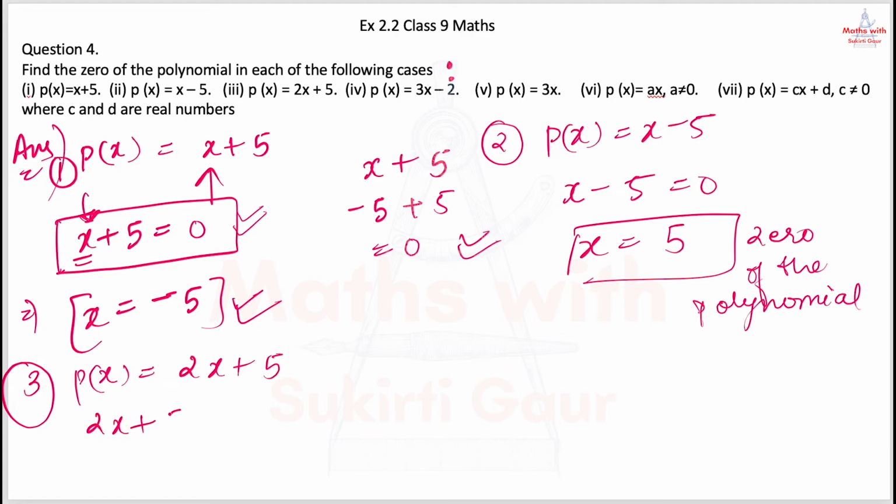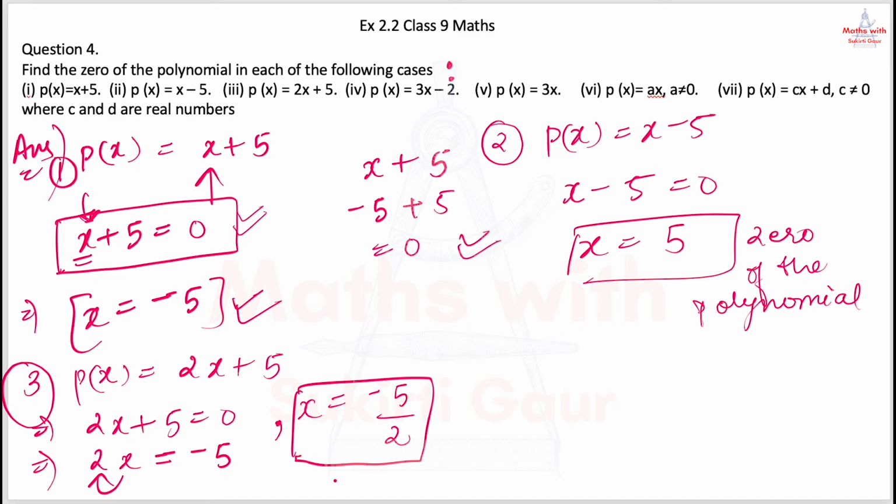Put 2x plus 5 equals to 0. Solve it for x. 2x plus 5 will give us 2x equals to minus 5. Then x will be equals to minus 5. The 2 will go in division. X will be equals to minus 5 by 2, and this is the 0 of the polynomial.